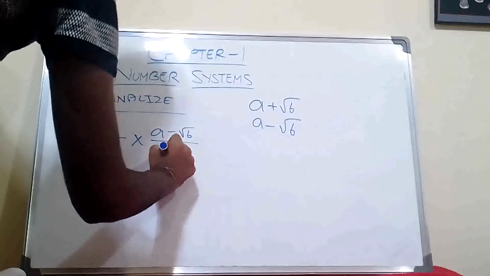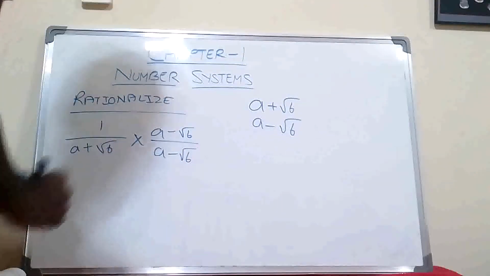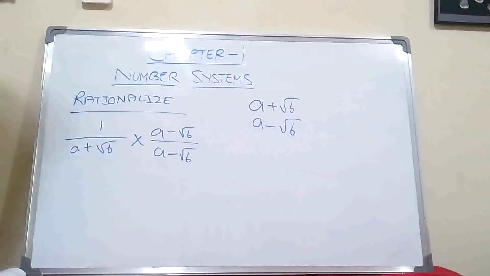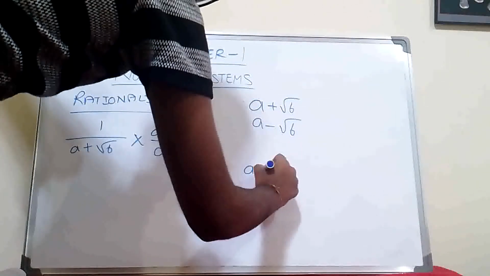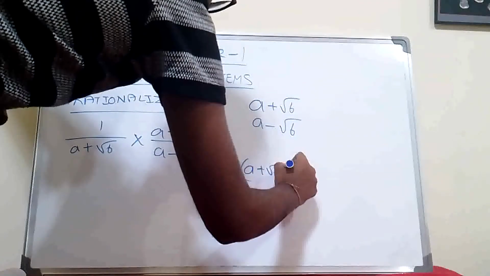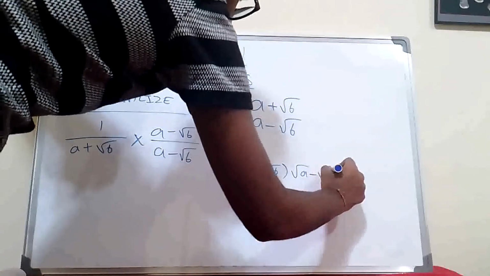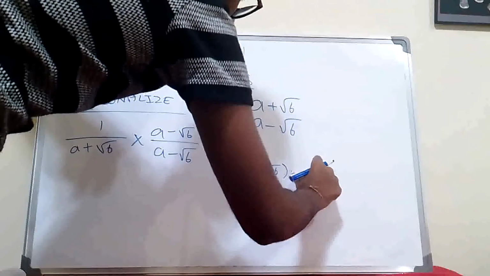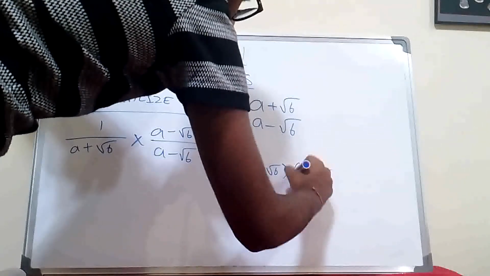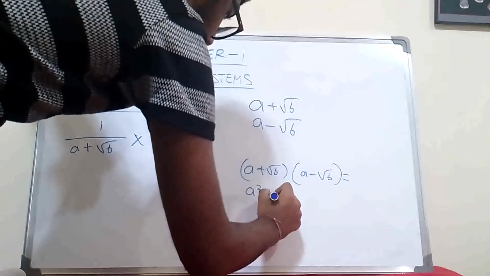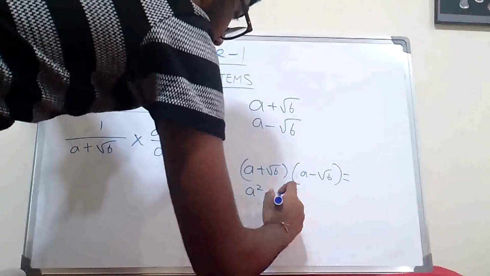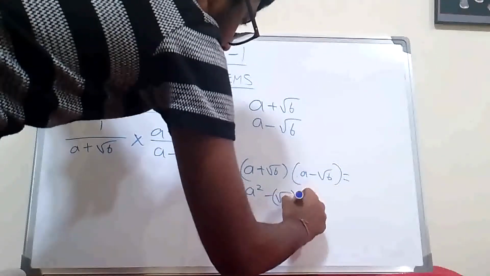So here, using the identity we learned, we will be doing a plus root b times a minus root b. So here we will get a square minus root b square, which is equal to a square minus b.